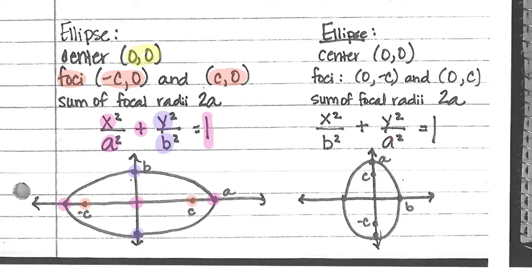They call this the major axis. In this case, the major axis is now under the y. We don't really have to know a and b because we know the larger number will be under the y. In this case, the b's are on the x-axis, and the center still remains at 0, 0. We're just working with ellipses with center at 0, 0, and all ellipses have a plus, and they're all equal to 1.